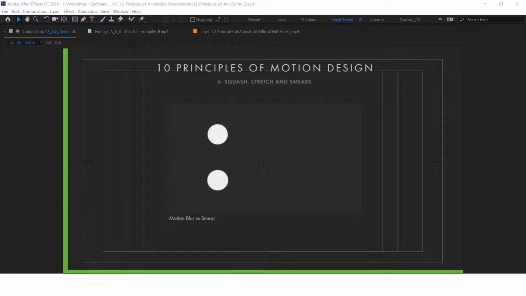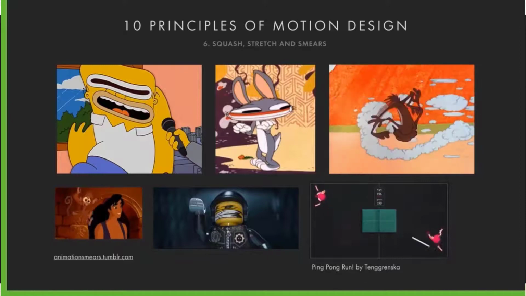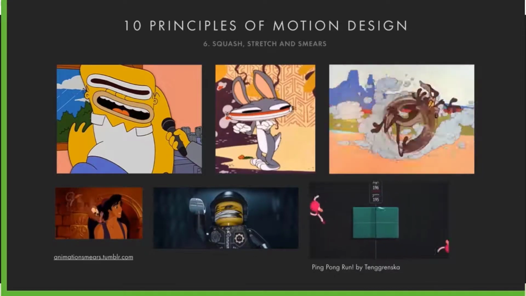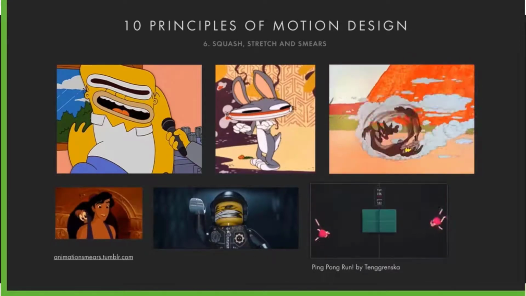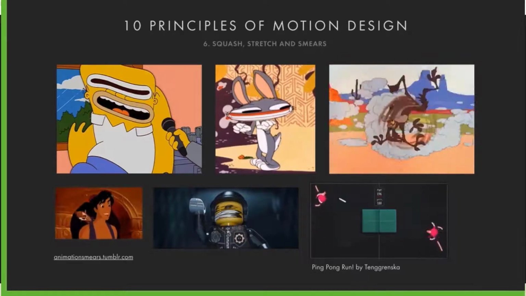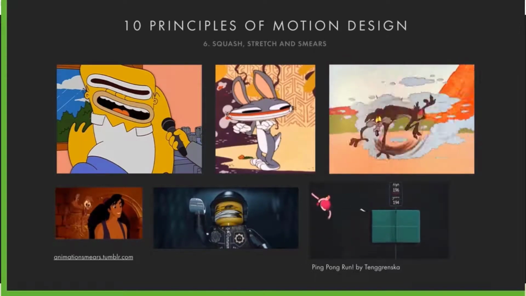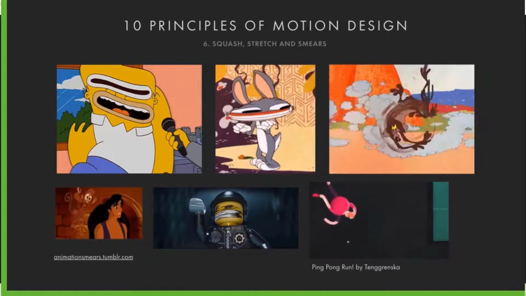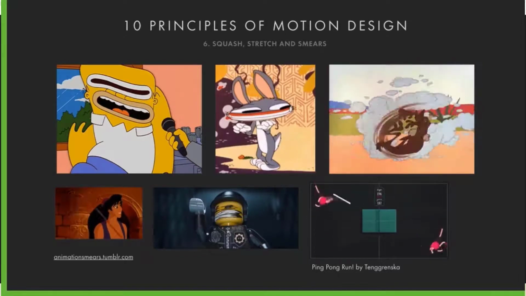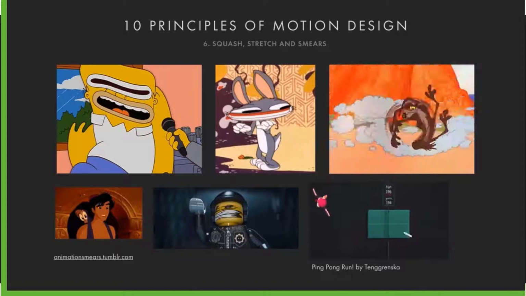Now, animators over time have also devised a technique called smear and blur that animators use to give that sense of, oh, this object is in speed, is in motion.